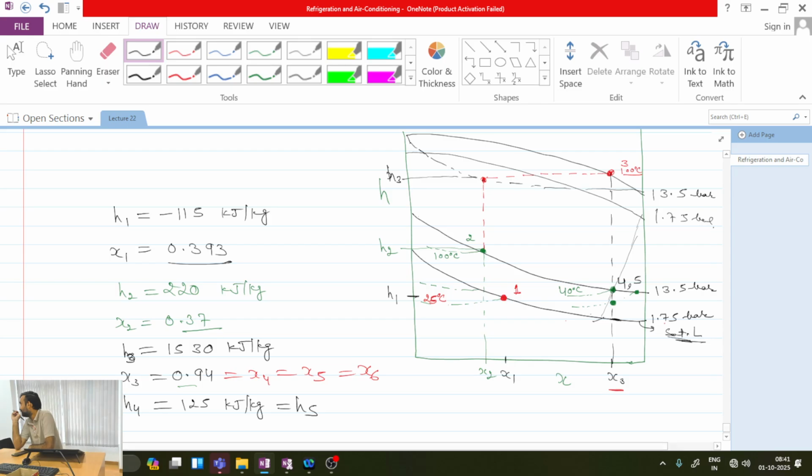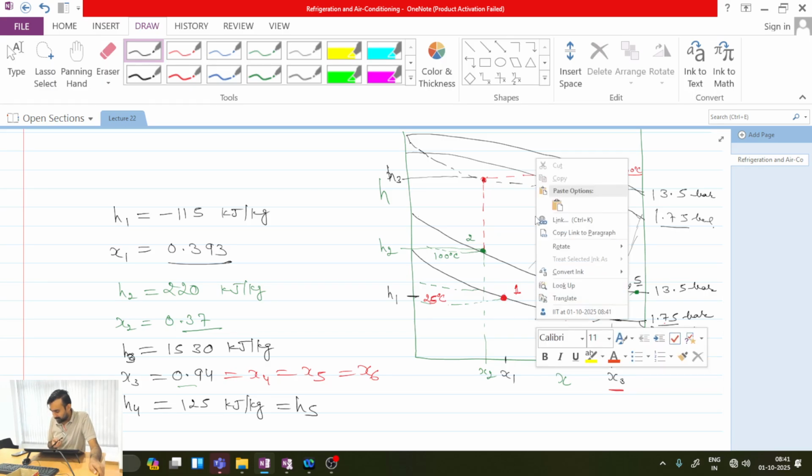What is my point? This is my state point 5 and it is in the liquid vapor region. So this is my saturated liquid for 1.75 bar. This is saturated vapor for 1.75 bar. I know that in between liquid and vapor my isotherms generally follow this type of trend. Is this one clear?